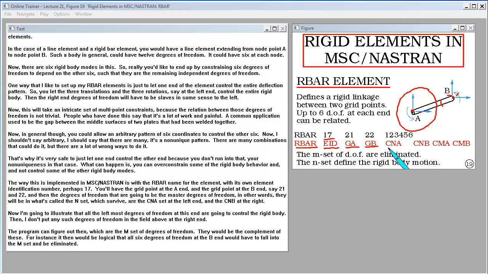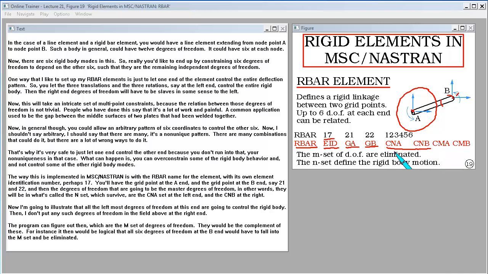And then the degrees of freedom that are going to be the master degrees of freedom, in other words, they will be in what's called the N set, which survives, are the CNA set at the left end and the CNB at the right. Now, I'm going to illustrate that all the leftmost degrees of freedom at this end are going to control the rigid body.